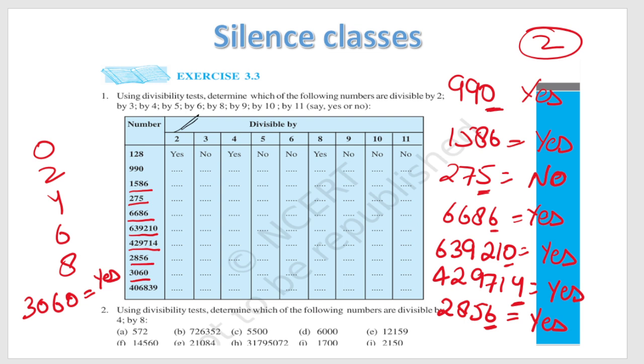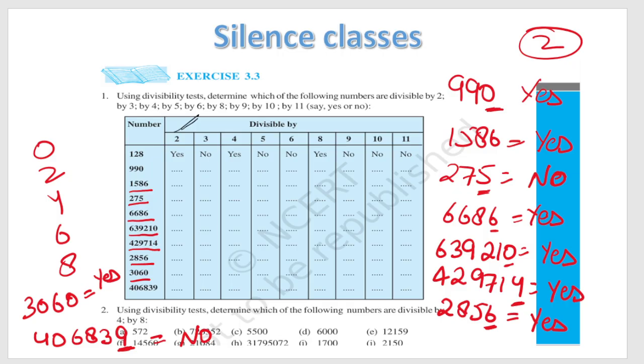And the last number is 406839 and the last digit of the number is 9. This means 9 is not divisible by 2 and 9 is also not an even number, so it is not divisible by 2. I hope you guys understood.